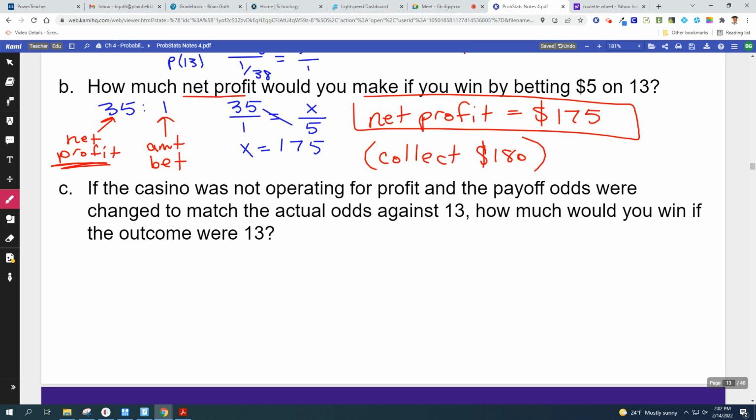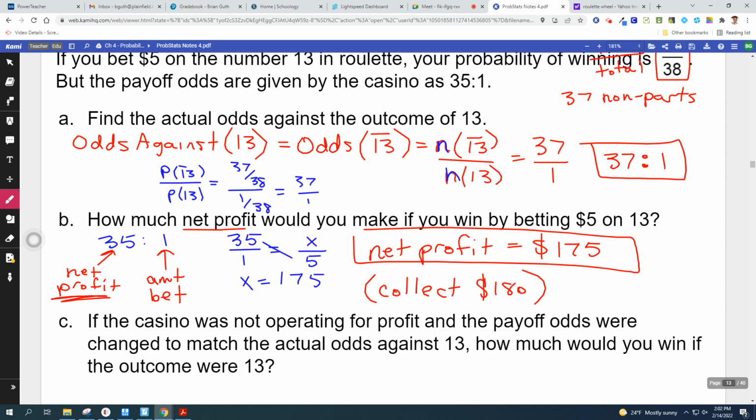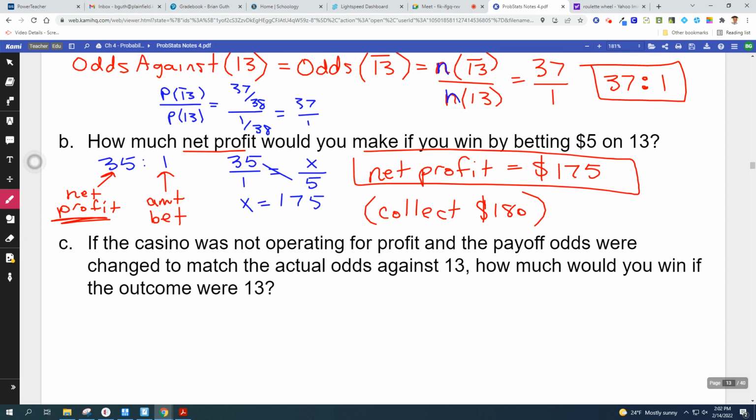Part C: if the casino was not operating for profit and the payoff odds were changed to match the actual odds against, how much would you win in that same scenario? Well, we found before that the odds were 37 to 1, right? So let's use the actual odds and recalculate. Again, we've got a simple proportion.